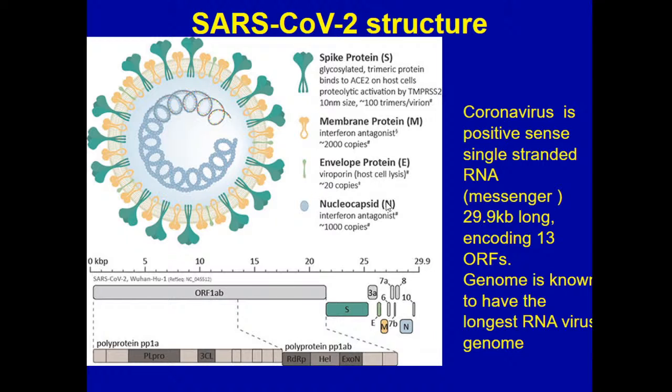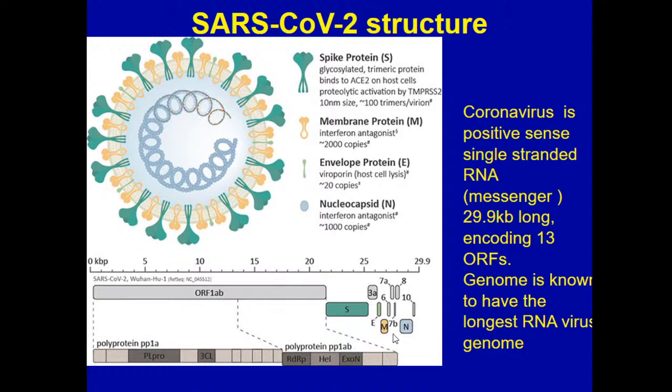So, a positive sense single-stranded RNA, and we may call it messenger RNA because the coronavirus RNA can undergo direct translation in the human cell ribosomes without any modification. So that's why we call it messenger RNA.